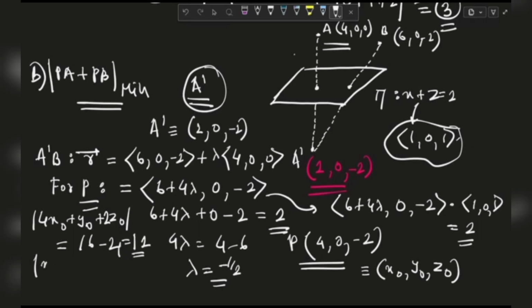And another we had to find out is mod of x naught plus y naught plus z naught. So 4 minus 2, this becomes 2. This is for option B and C altogether, the same thing actually. So that's it for options B and C. Now let's move on to option number D and see what is there.